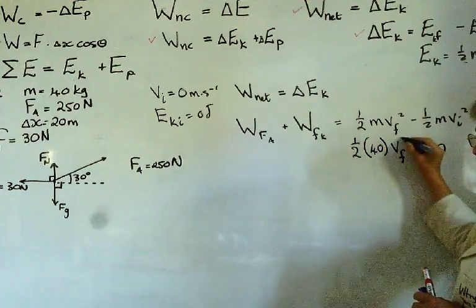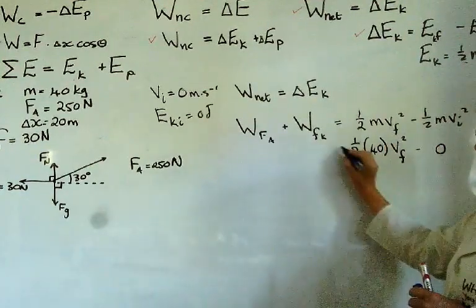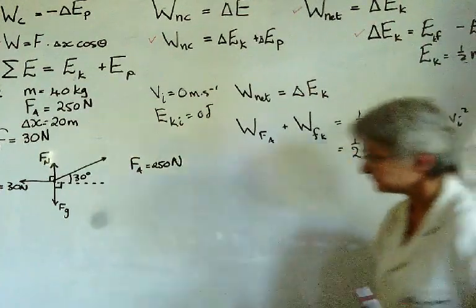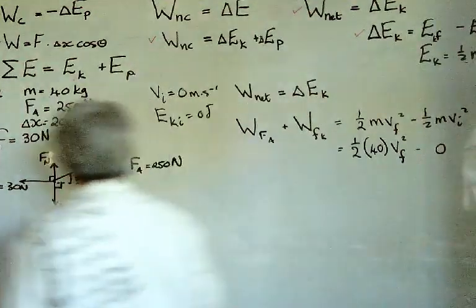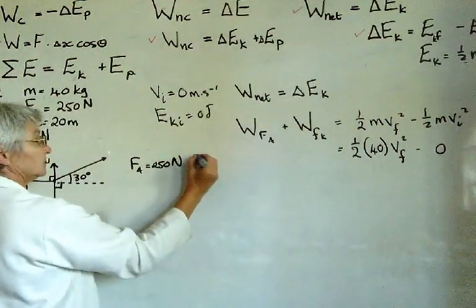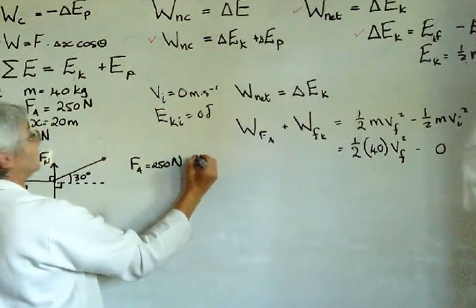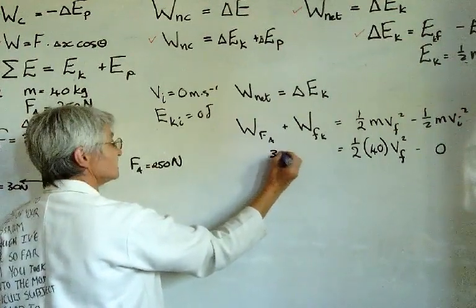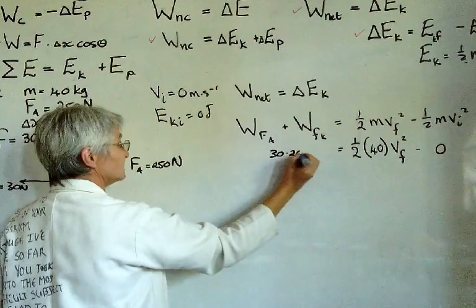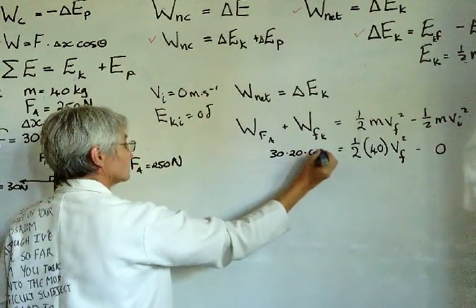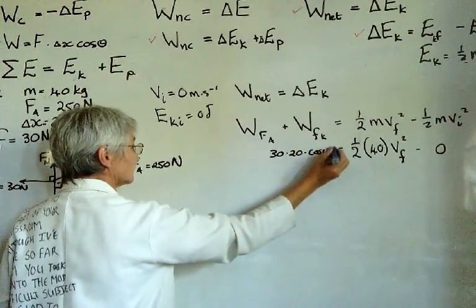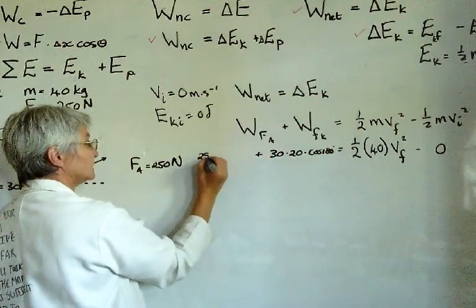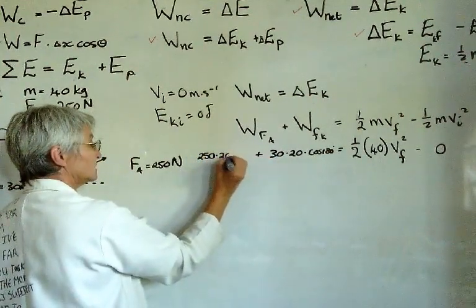Now I need to work out this sentence. We will say W friction equals 30 times 20 cos 180. And that one is 250 times 20 cos 30.